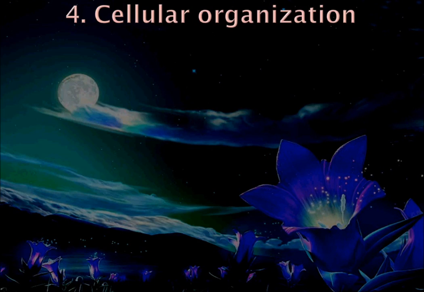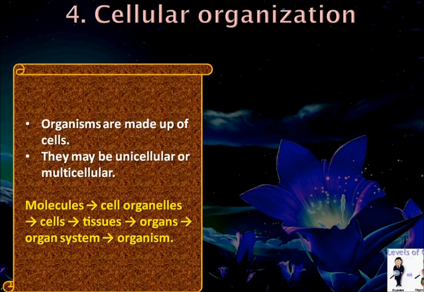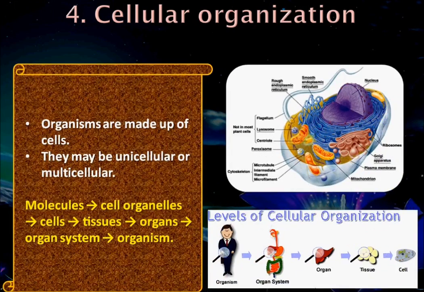It means that cells are the building blocks of any organism. So now we see that an organism may be unicellular or multicellular. So unicellular organisms, they will be having only one cell, and multicellular organisms will be having number of cells in the body.